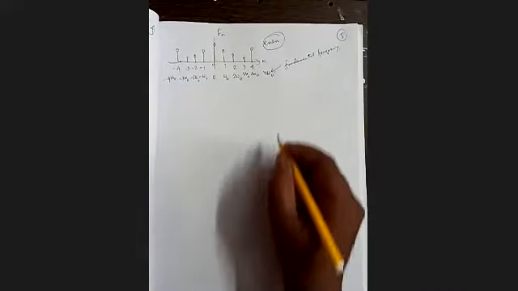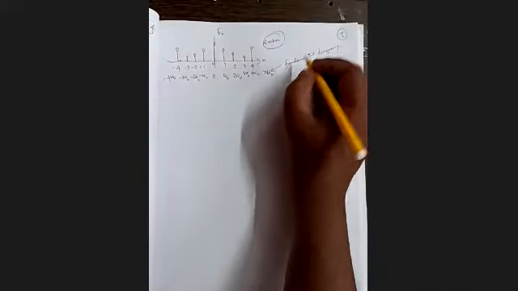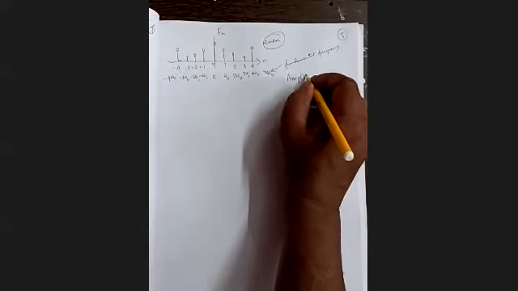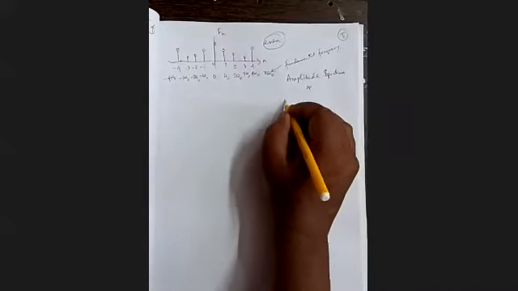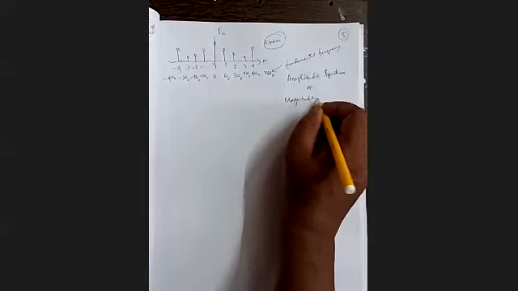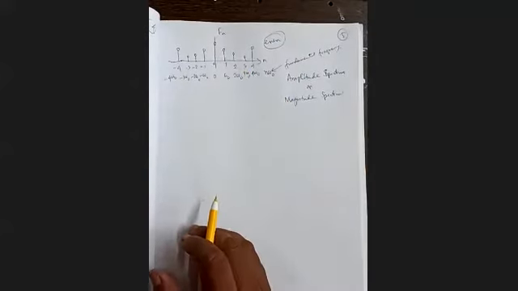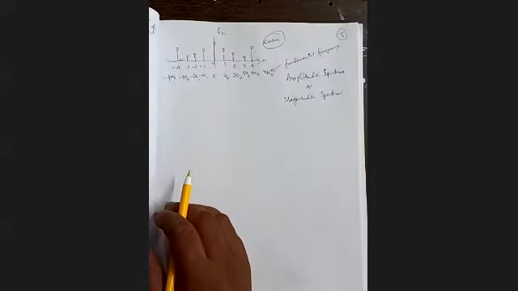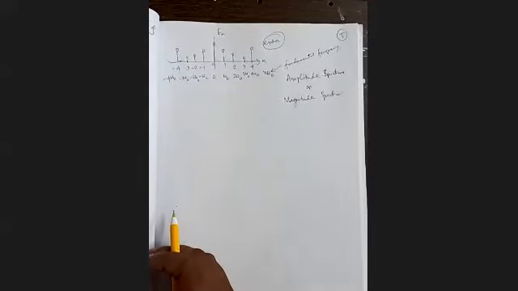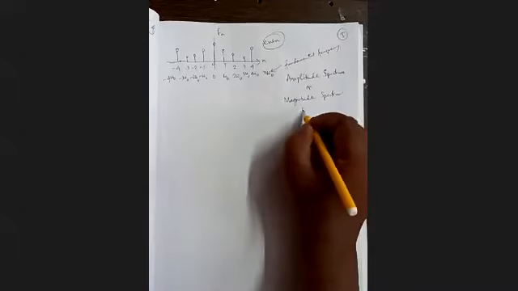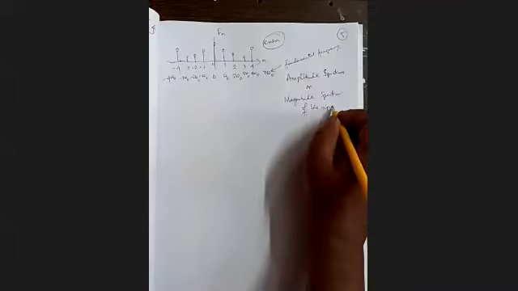Clear? So this is called the amplitude spectrum or magnitude spectrum. It tells us how many frequencies are present and what are the magnitudes or amplitudes of those frequency contents. So all the frequency domain behavior is revealed here. So this is the amplitude spectrum or magnitude spectrum of the signal x(t).